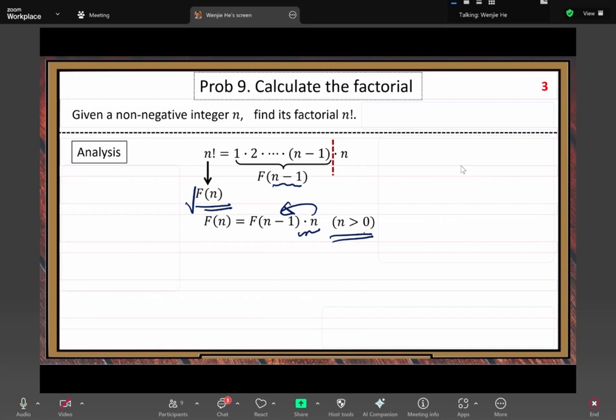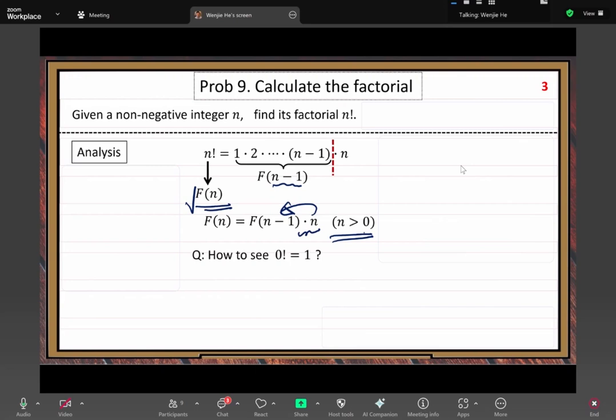Then the definition of factorial makes sense. Otherwise, we don't know what the definition of factorial is.